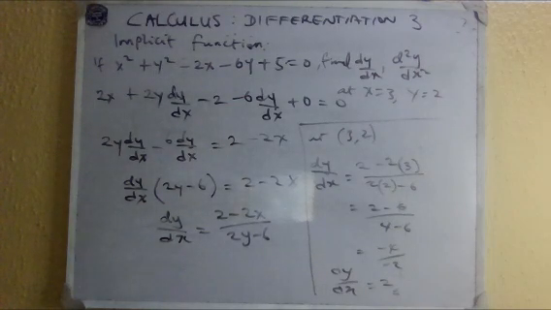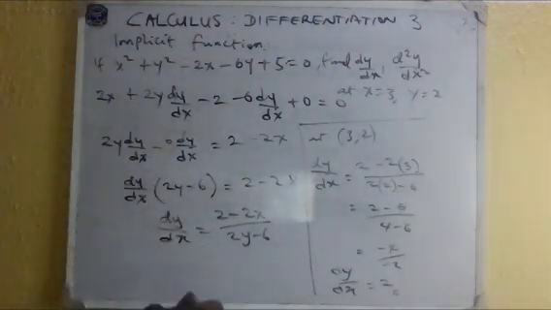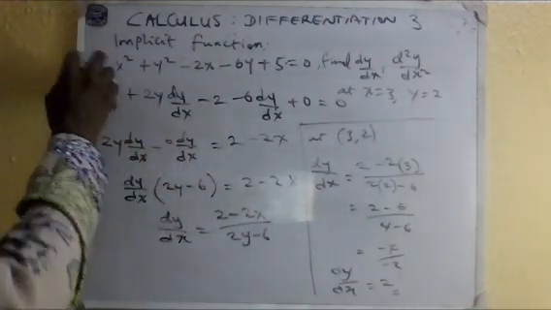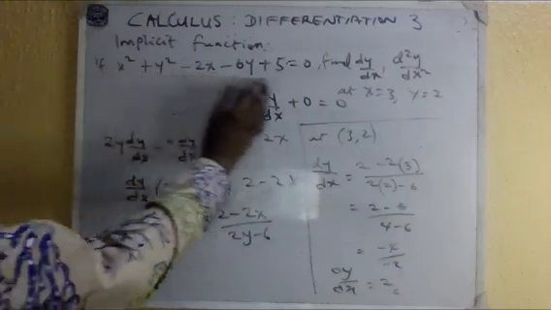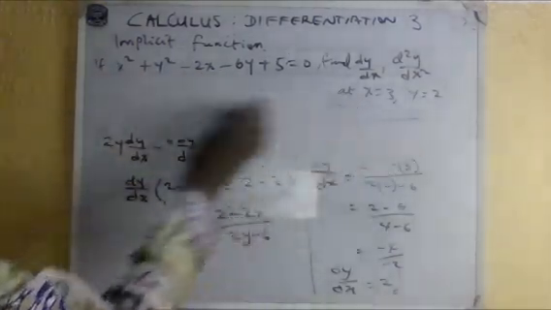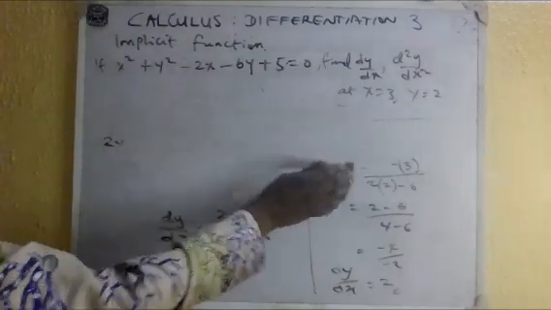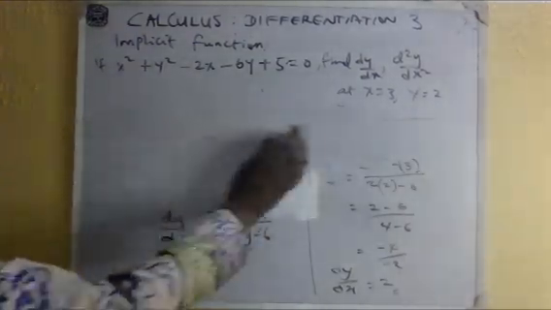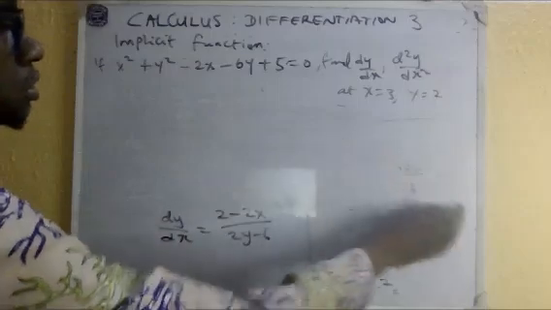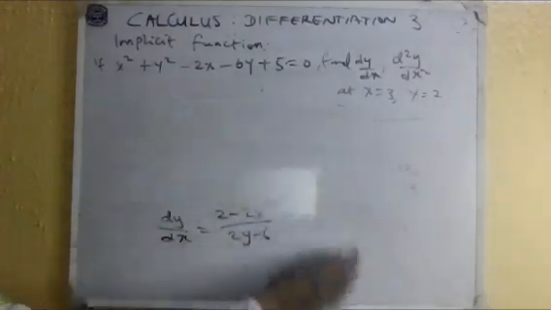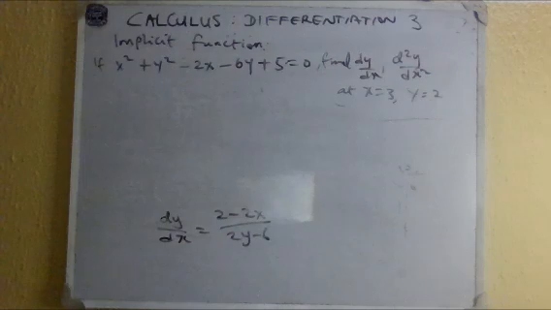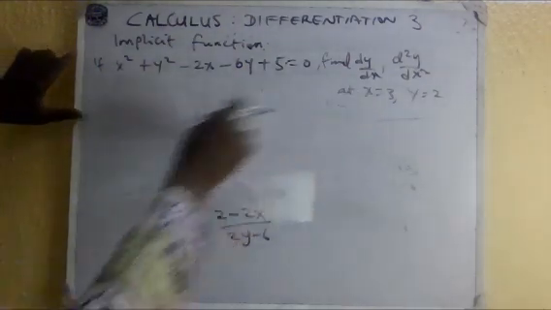At this point I'm going to take off this side. I will stop at the point where I have my differentials. So I'm going to differentiate this one again, the second differential, so that I can get this point again.